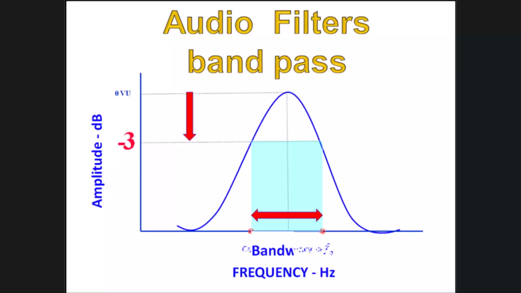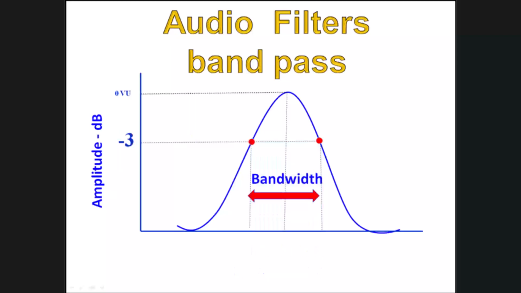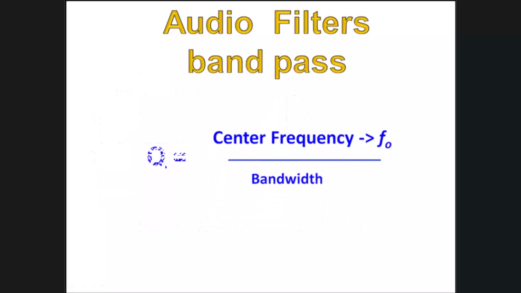So the bandwidth of a bandpass filter are those frequencies between the 3 dB points on the filter's curve. There is an important relationship between the center frequency and the bandwidth, and this ratio between the two defines the Q of the circuit, how wide or how narrow that bandpass is.